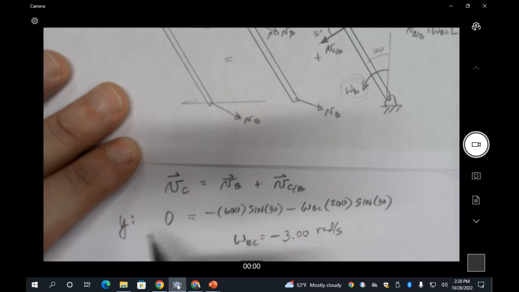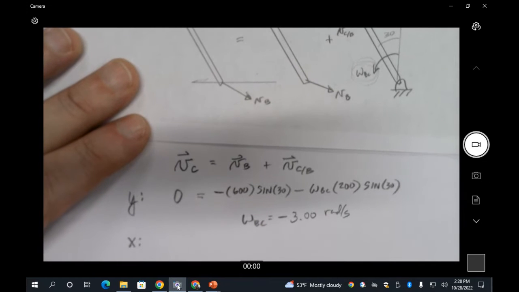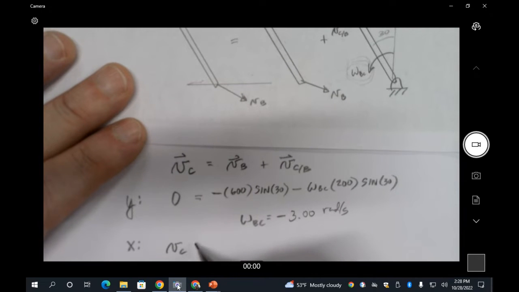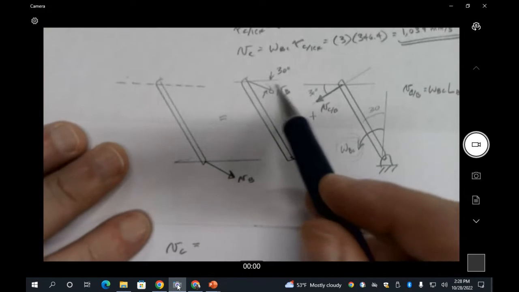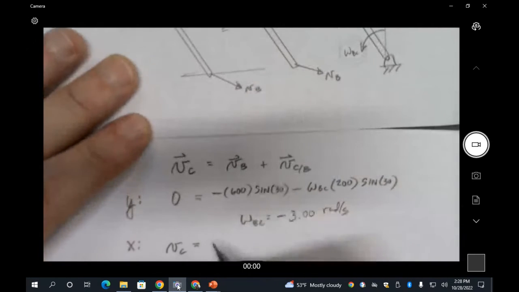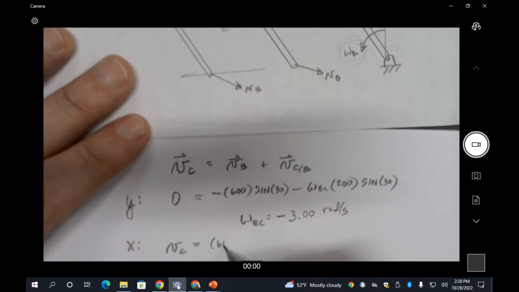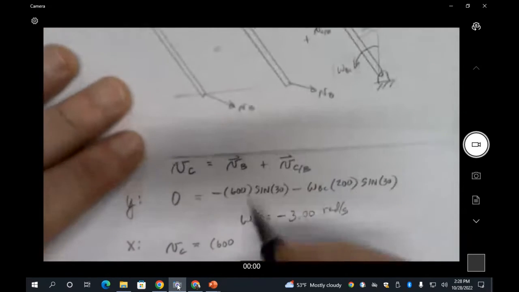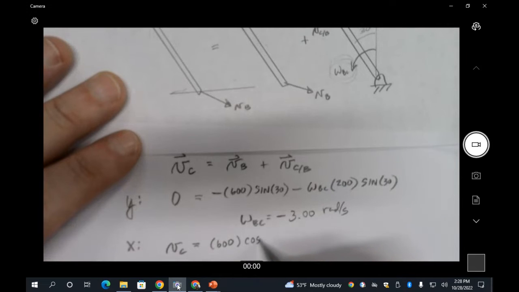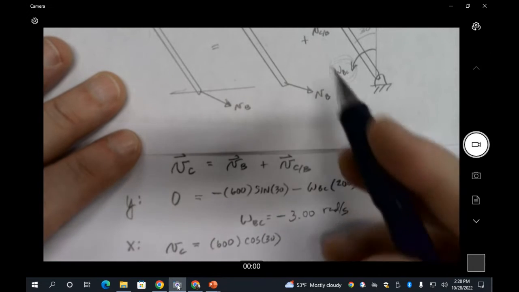And then we can go into the x direction now. We'll just take VC as being, assume it's in the positive direction, and write out the x direction right here, which is going to be positive, right? So we see it's going to the right, it's positive. So it's going to be 600 times the cosine of 30.